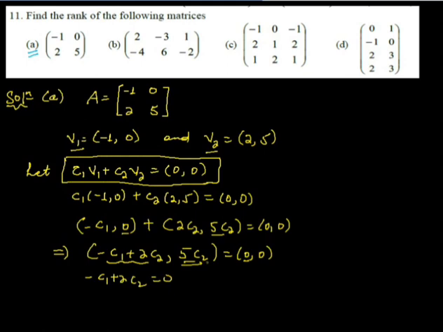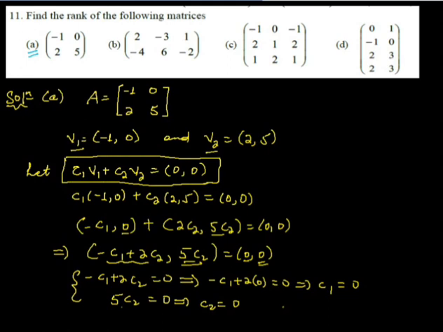At the same time, 5 times C2 and 0 are the same: 5 times C2 is 0. From the second equation, dividing both sides by 5, C2 will be 0. We substitute this C2 in the first equation: minus C1 plus 2 times 0 is equal to 0, which implies C1 is 0.